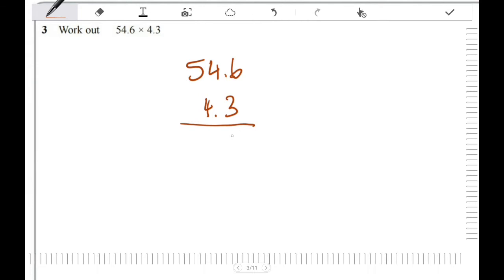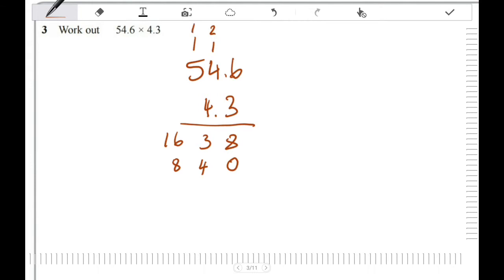So here you have 3 times 6, that's 18, 4 times 3 is 12, plus 1 is 13, and 3 times 5 is 15, so 1, 6, 3, 8. Then we put a 0 here. 4 times 6 is 24. 4 times 4 is 16, plus 2 is 18.